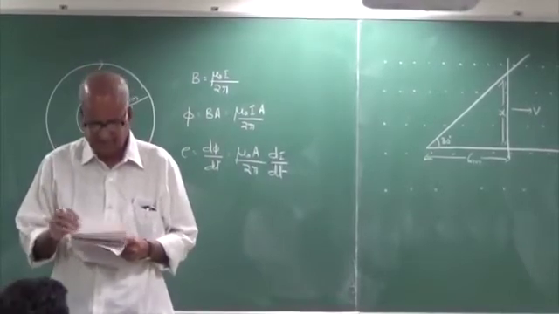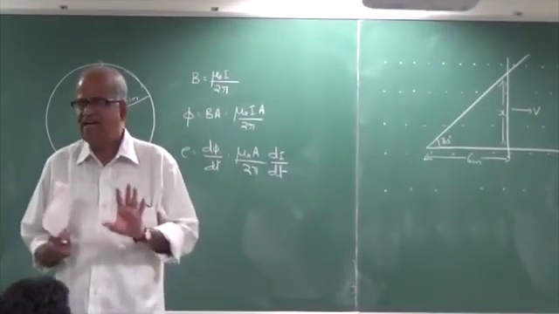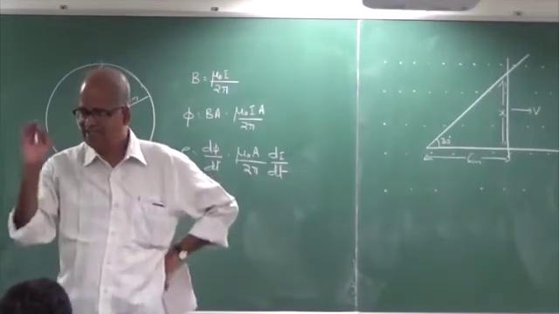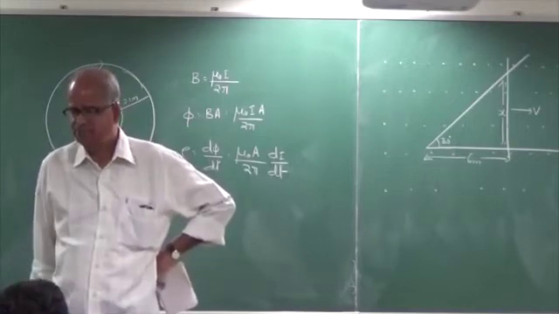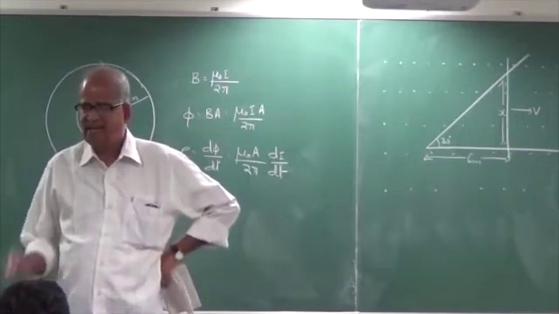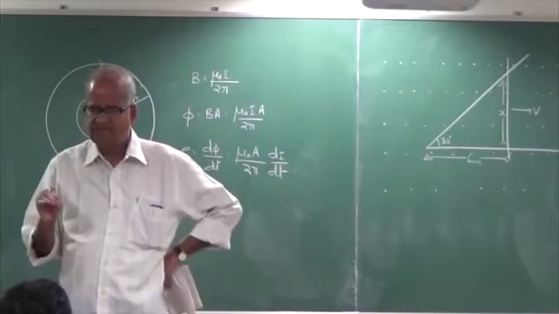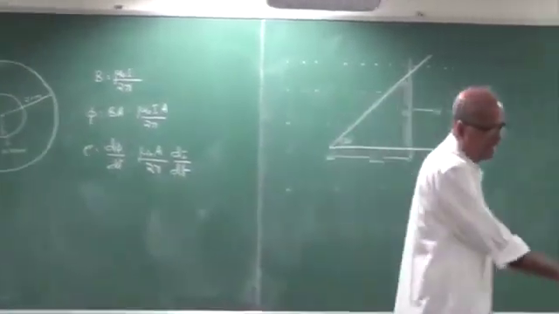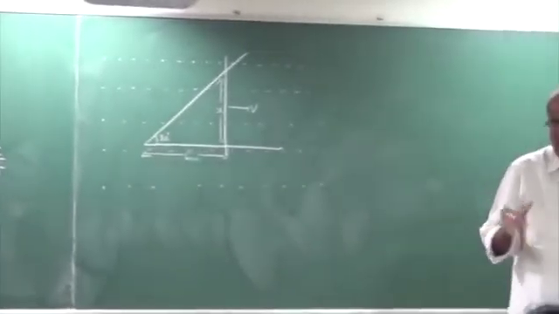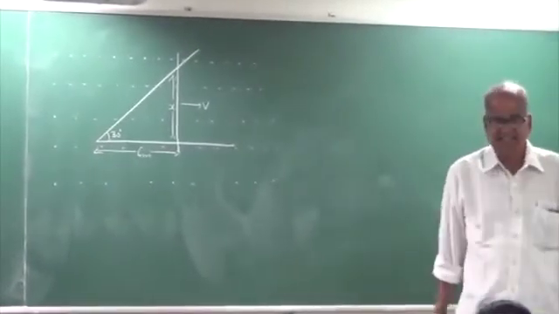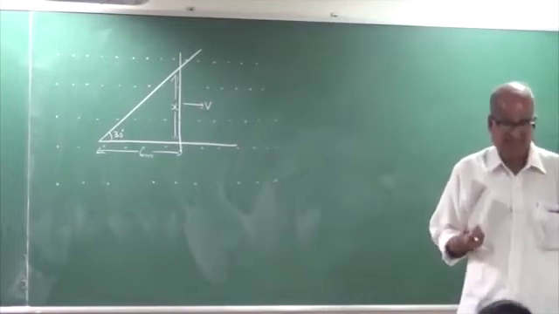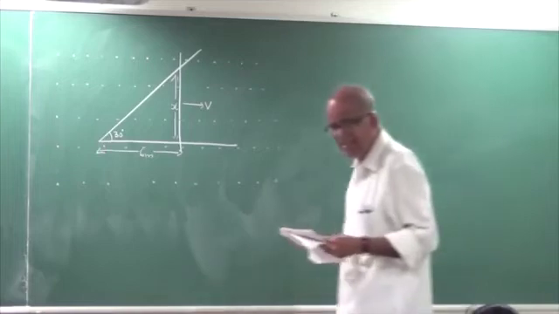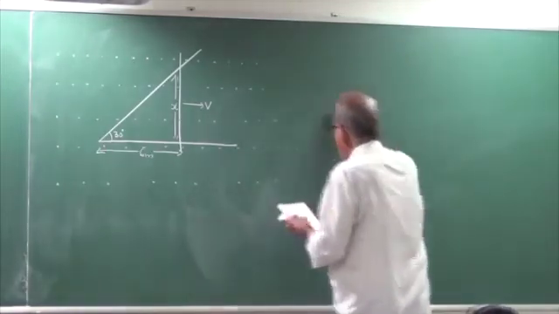Okay, do that. Now, so far we have seen a variety of problems on how to calculate the flux through an area, how to calculate, for example, the change in flux, and how to calculate the induced EMF. Now we will take up motional EMF produced in a conductor when it is moving in a magnetic field. We will first take up a simple problem.